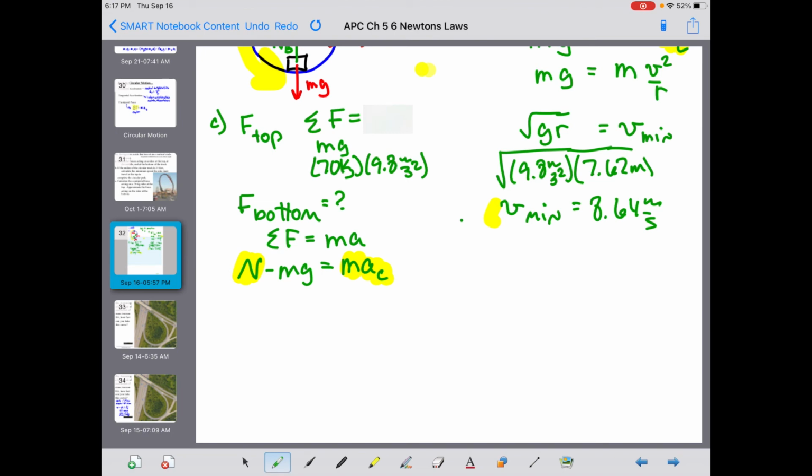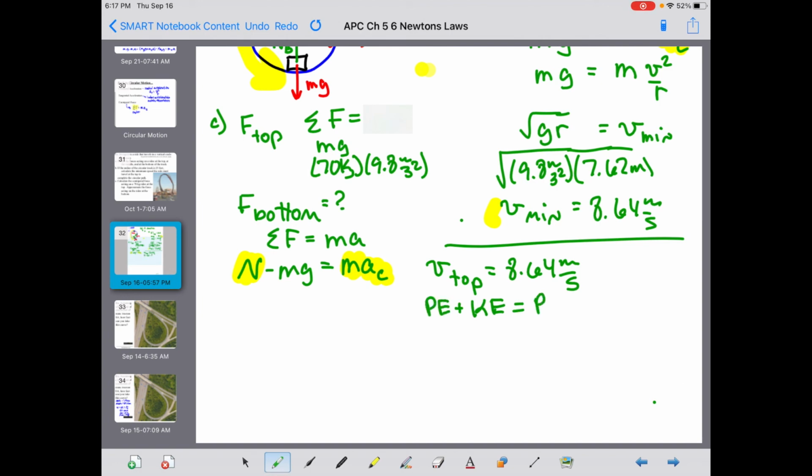So if we're going to approximate the velocity at the bottom, what we know for our situation is that at the top you were traveling 8.64 meters per second. At the top, you had potential energy and kinetic energy. At the bottom, that energy is going to be transformed into all kinetic energy.